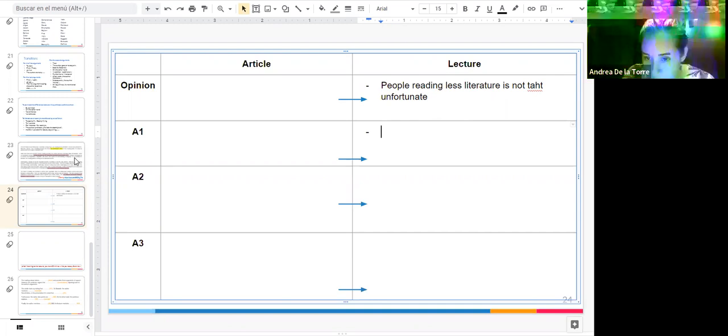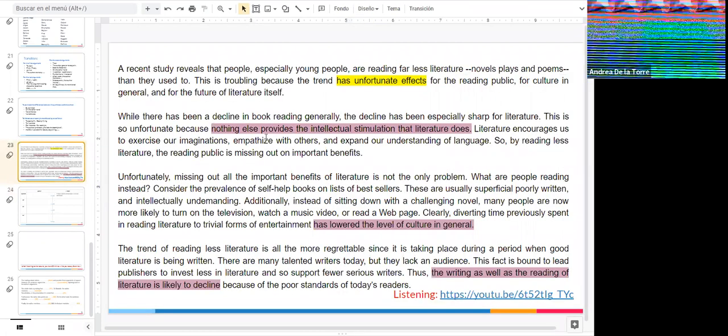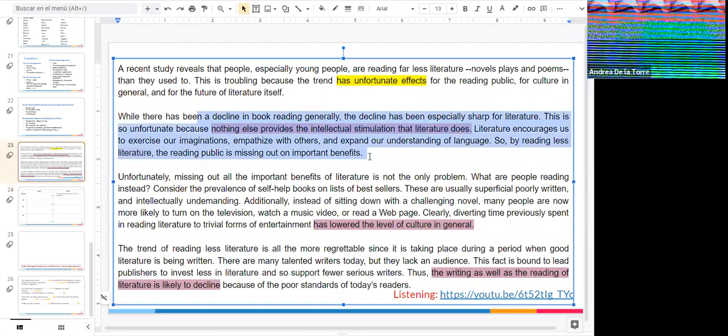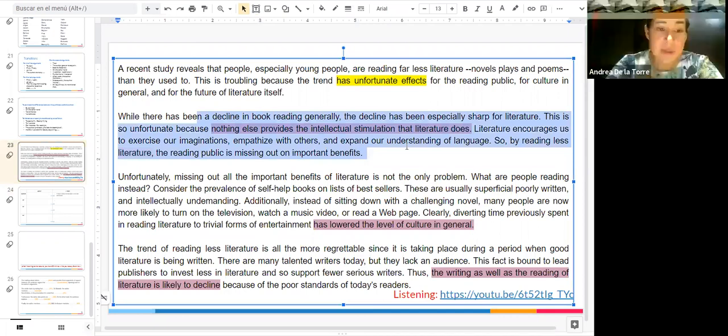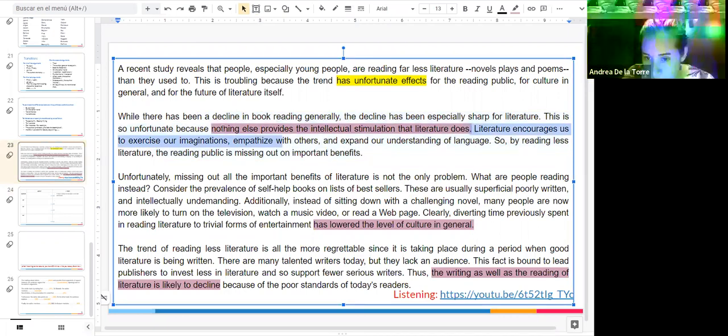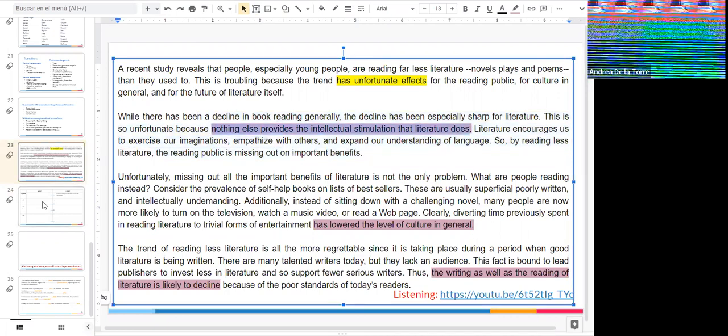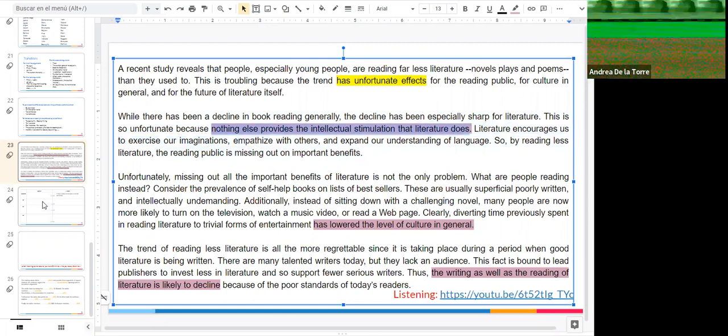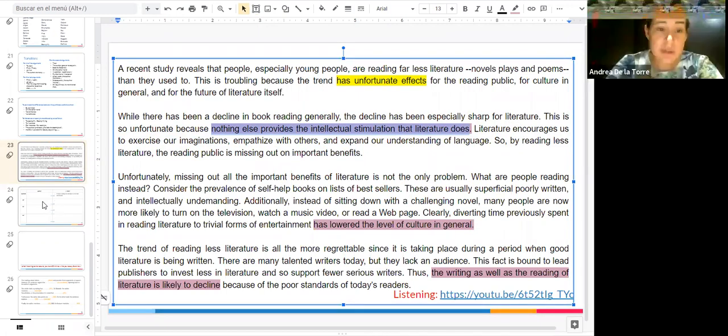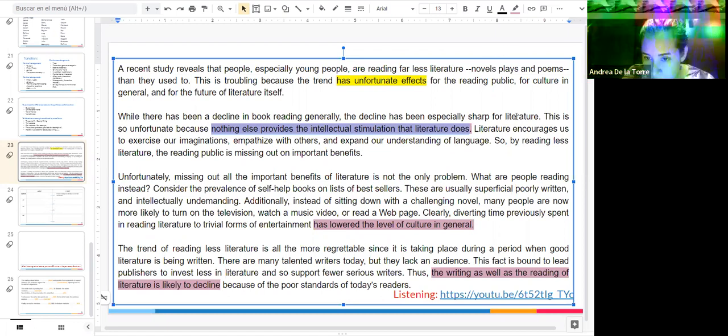What reasons does the professor have? How does the professor respond to this argument that nothing else provides the intellectual stimulation that literature does? What does the professor say about that? Is that true? Shadia, what do you think?